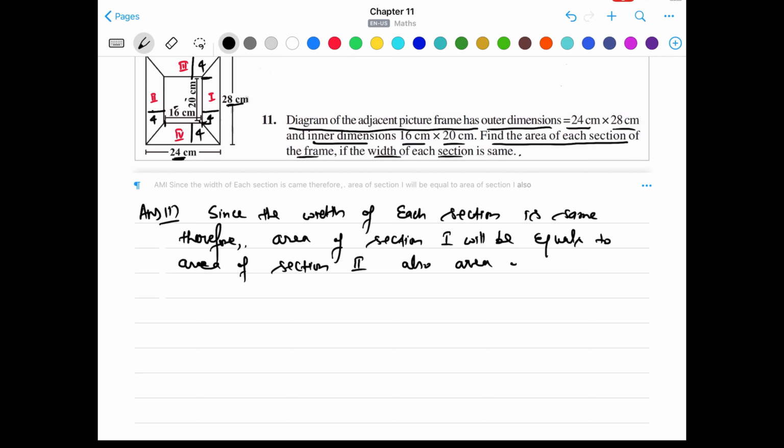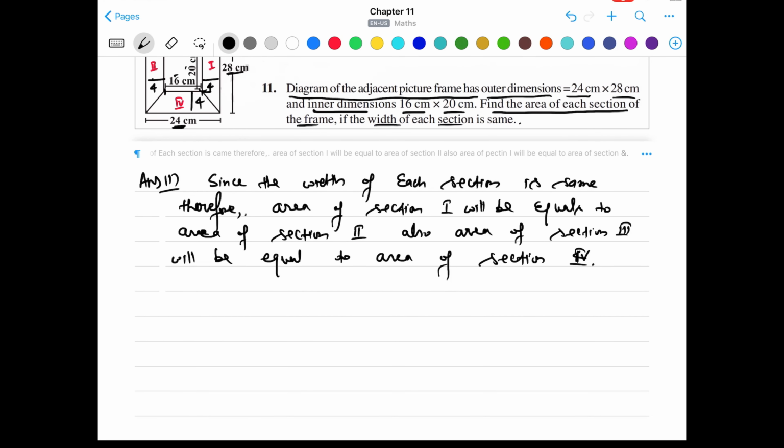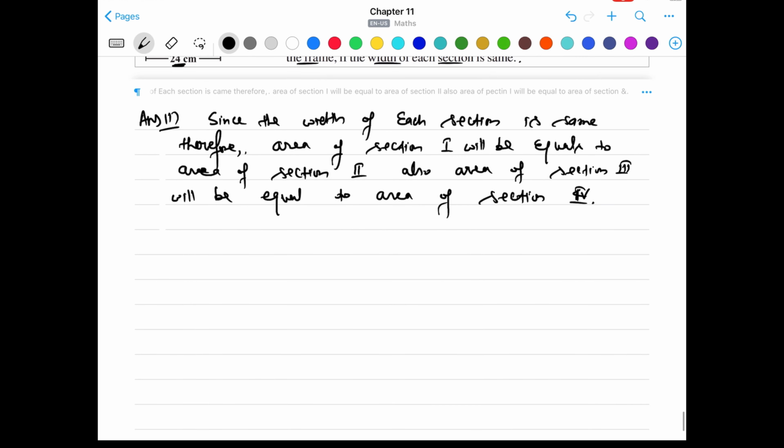Also, the area of section 3 will be equal to the area of section 4. So we're going to calculate the area of section 1, and that will be the area of section 2 also. Similarly, we calculate the area of section 3, and that will be the area of section 4 also. Okay, so let's start.